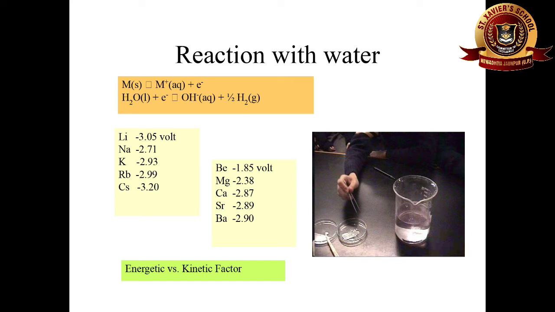The reducing capacity of any element is also known as reduction potential generated by the electrode of any element. Now, on increasing the size, the reduction electrode potential decreases in the first group, but in the case of the second group, there is irregular variation.